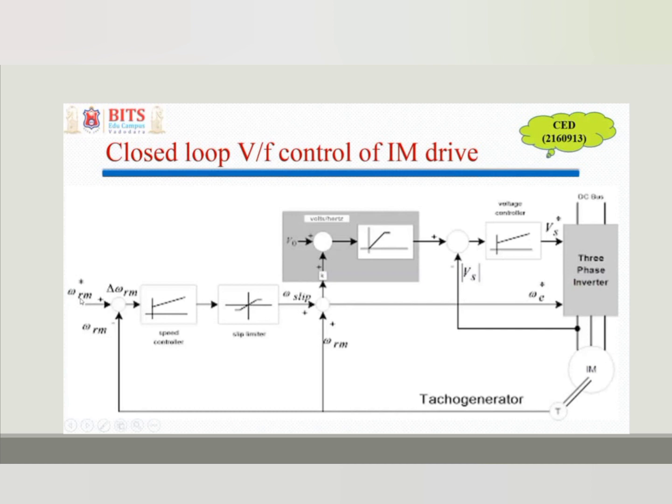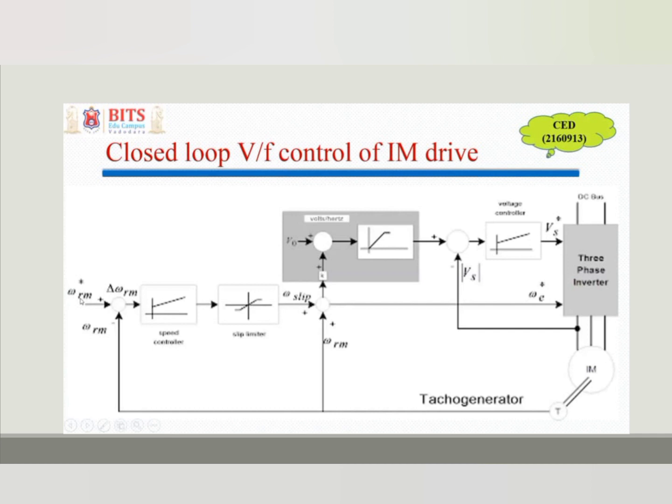To avoid confusion, first convert into two sinusoidal signals V alpha and V beta, which have a 90-degree phase shift. Now this desired two-phase V alpha and V beta is converted into three-phase Va star, Vb star and Vc star using inverse Clarke transformation.